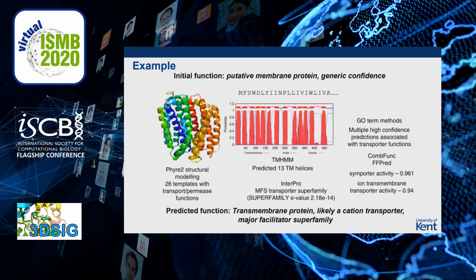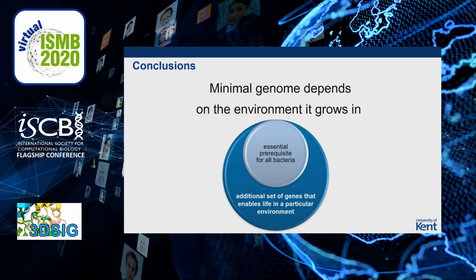And we also predicted many gene ontology terms related to transmembrane transport. And finally, InterPro revealed that this protein belongs to a major facilitator superfamily. So we ended up with the function: transmembrane protein, likely a cation transporter from the major facilitator superfamily.